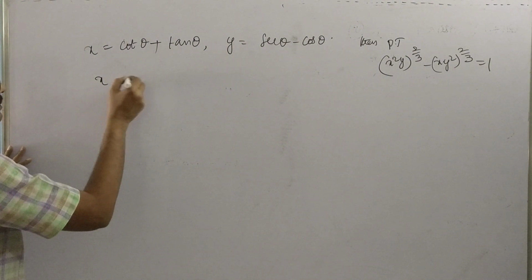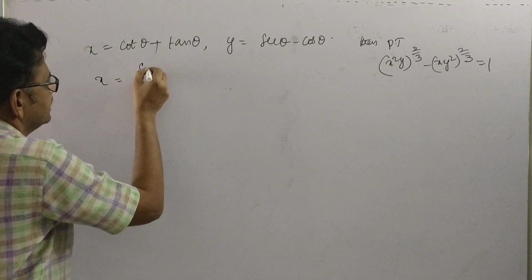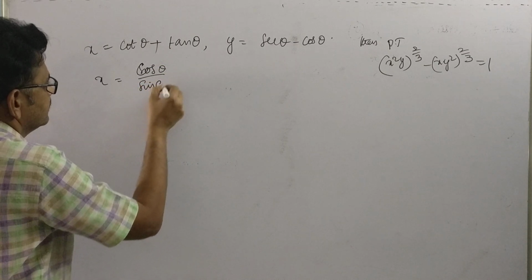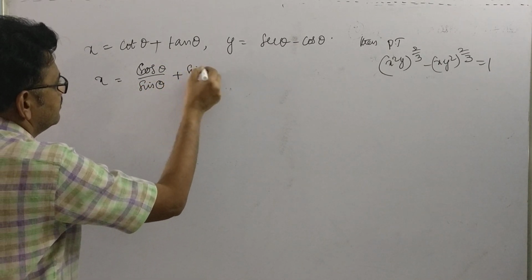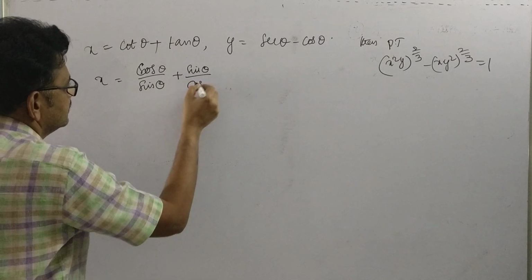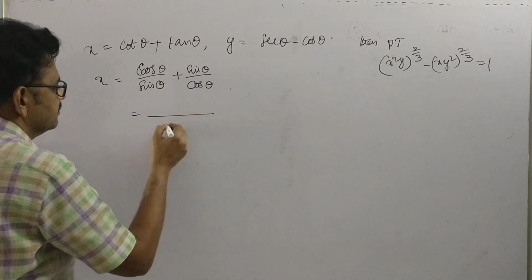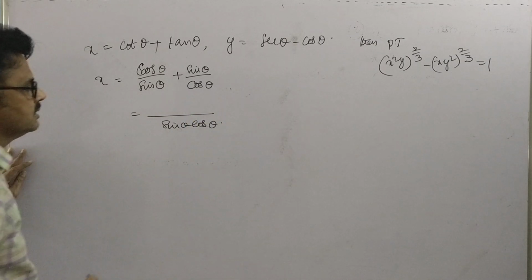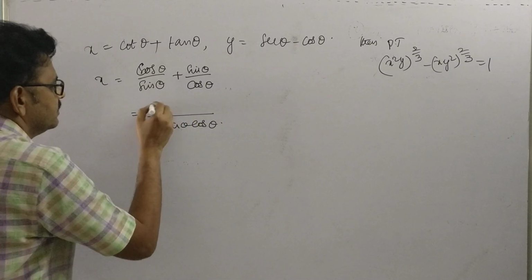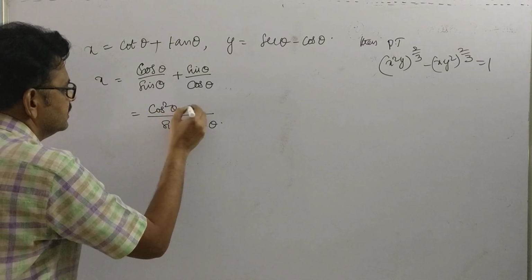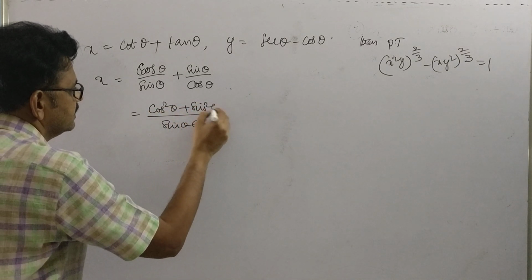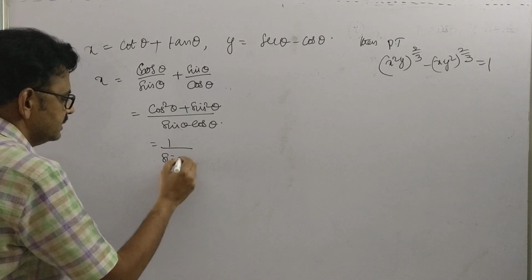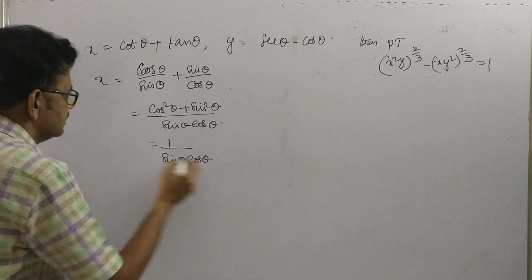X is equal to, you write this as cos theta by sin theta plus sin theta by cos theta. By taking LCM, sin theta into cos theta, that is equal to cos square theta plus sin square theta, that is equal to 1 by sin theta into cos theta.